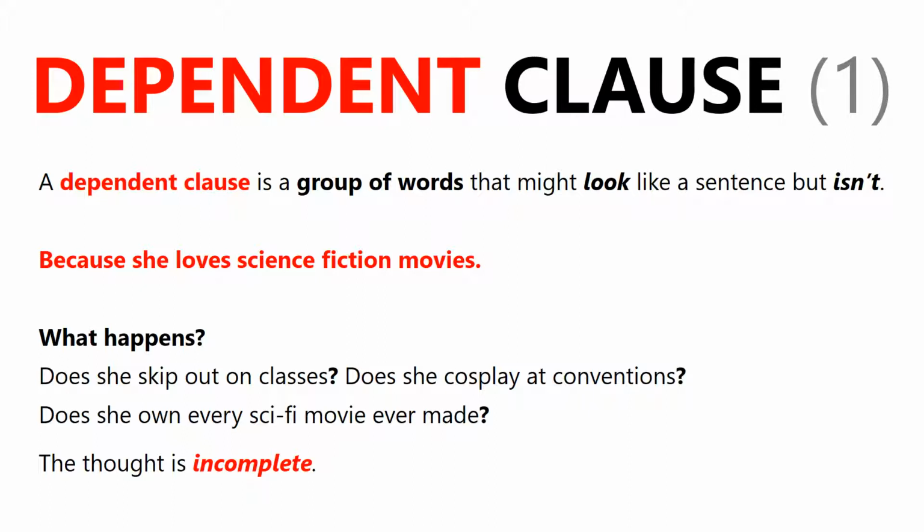This is a clause because it has a subject, she, and a verb, loves, but it doesn't really give us a complete thought. It leaves us asking, what happens? Does she skip out on classes? Does she cosplay at conventions? Does she own every sci-fi movie ever made? The thought is incomplete. To complete it, we'd need a different independent clause.